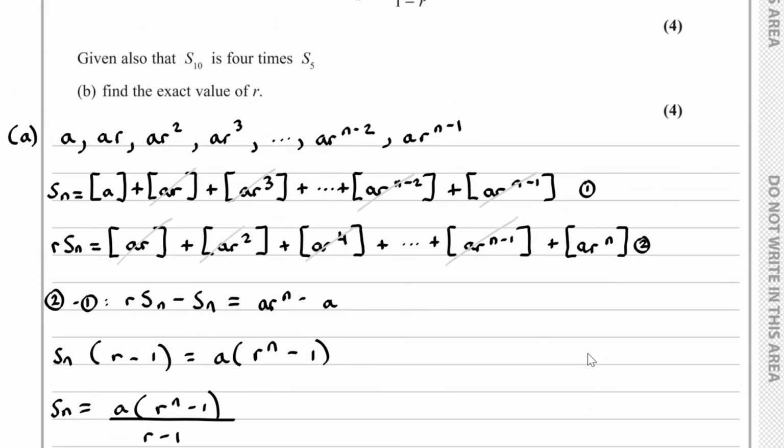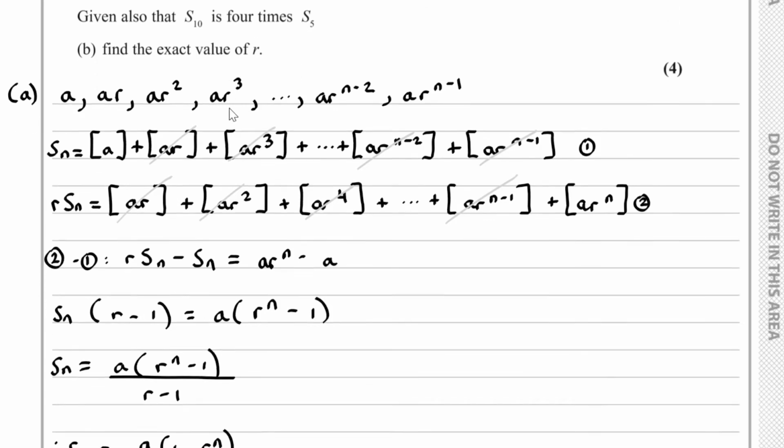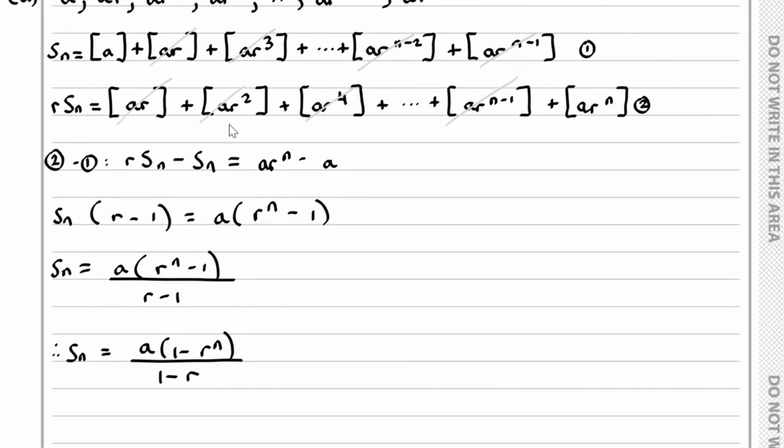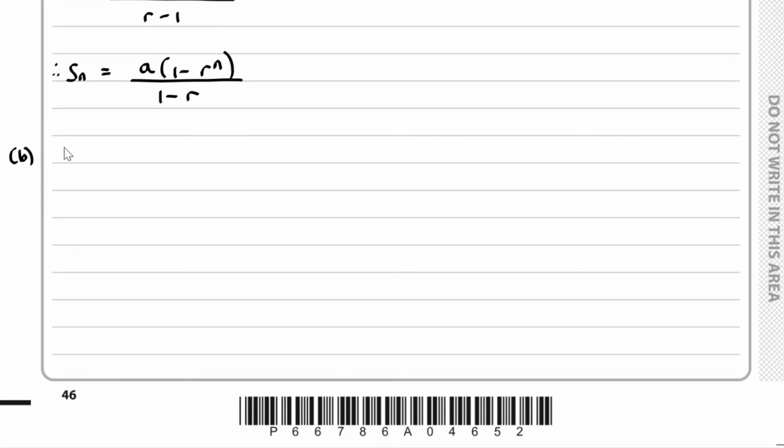And now for part B of the question, given also that S10 is 4 times S5, we have to find the exact value of r. So for part B of the question, what we have over here is S10, which is equal to 4 times S5.